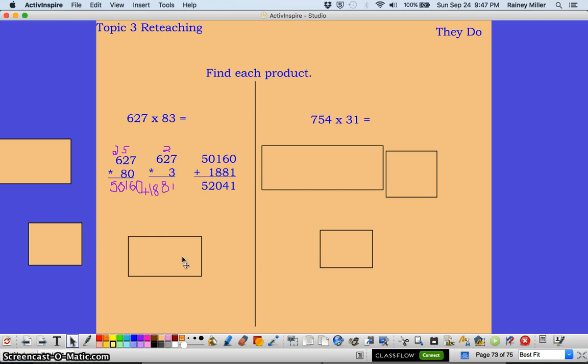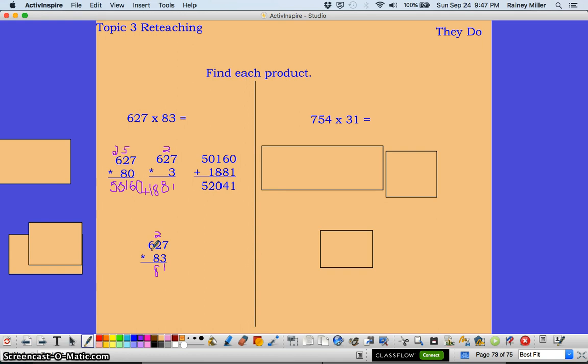Now, if I were doing this the more compact way, this is what I would do. I would just pretend that the 3 is here alone. The 8 doesn't exist for the moment. 7 times 3, 21. So there's my 2, there's my 1. 3 times 2 is 6, plus 2, that's going to be 8.